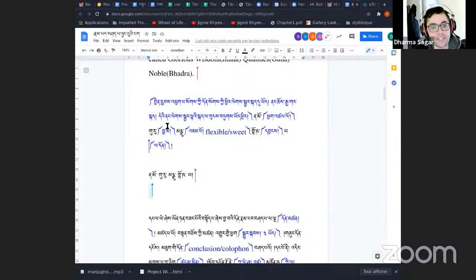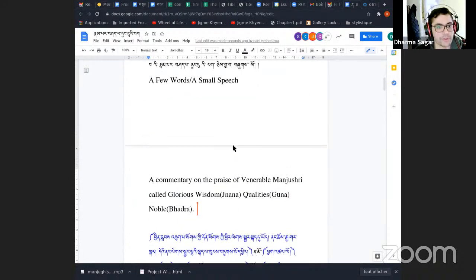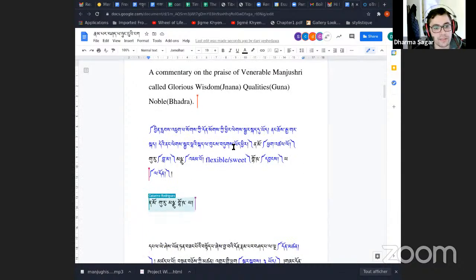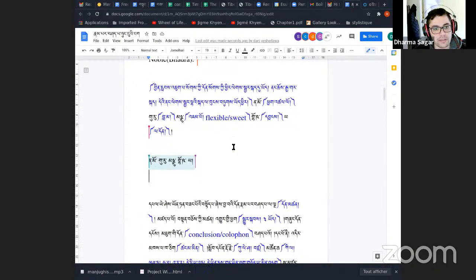And Manju is actually part of Manjushri's name, which means Jambo also, flexible and sweet, or I don't know how to translate that in English.